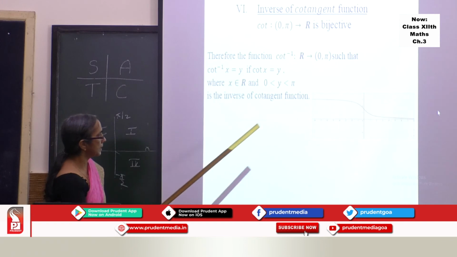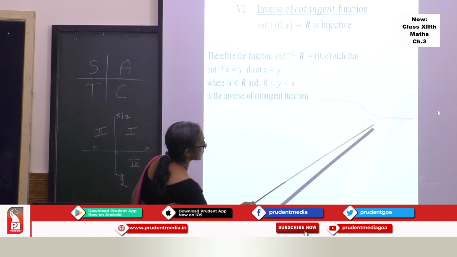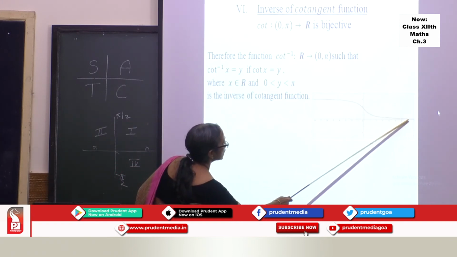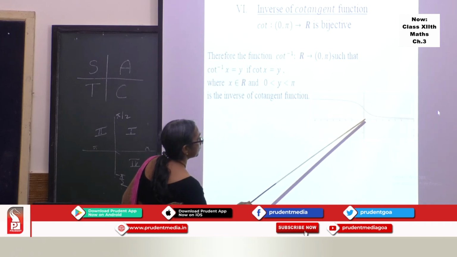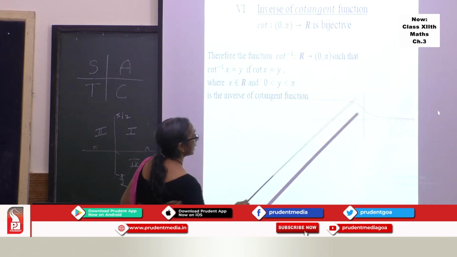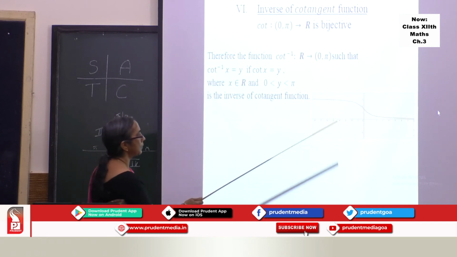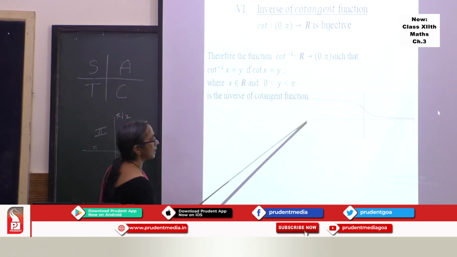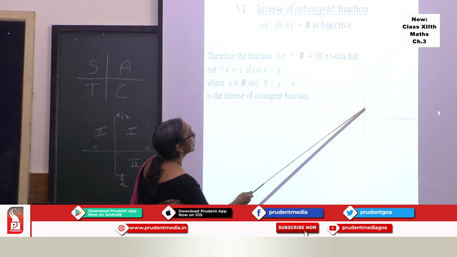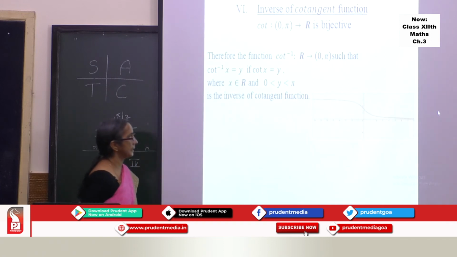Now, cot inverse of positive values are between 0 and pi by 2. Cot inverse of negative values are between pi by 2 and pi.